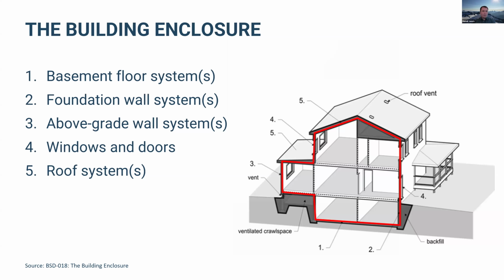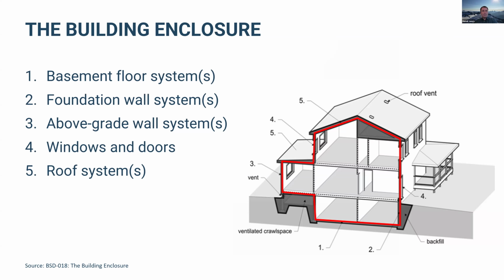We're really going to be focusing today on the above grade wall systems, but the enclosure encapsulates what I like to think of as all six sides of the box. If you imagine a house as a box or any building really. So it's what keeps us indoors instead of outdoors.